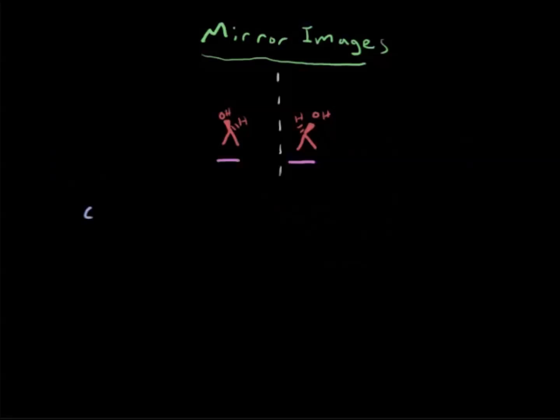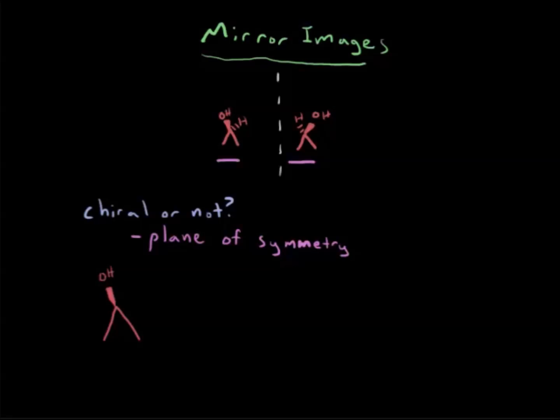So how can we tell if it's chiral or not? Well, there's one simple thing we can do. We can look at the molecule and see if there's a plane of symmetry running through it. So we flip it around, look for it, see if we can draw a line where half of the molecule is the same as the other half. So looking at 2-propanol, if we just turn this molecule a little bit, we can draw this plane of symmetry right here.